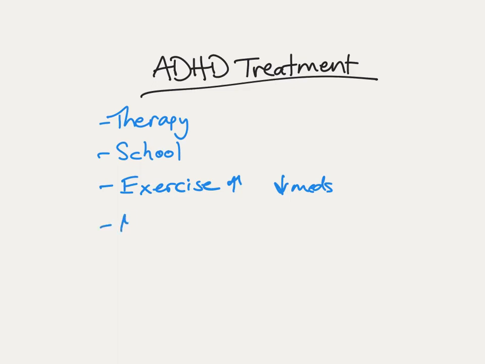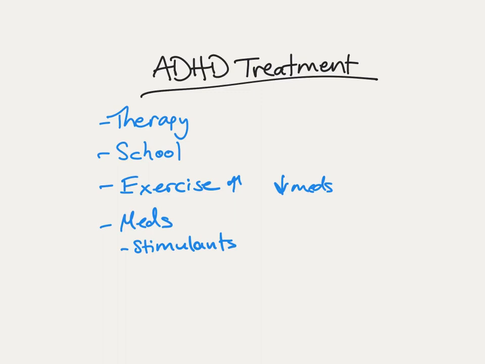Okay, finally, we do need meds. They can be very helpful if used appropriately and in the right situations. So the most common course of medications are your stimulants. This includes medications like the amphetamines, methamphetamine, or methylphenidate.